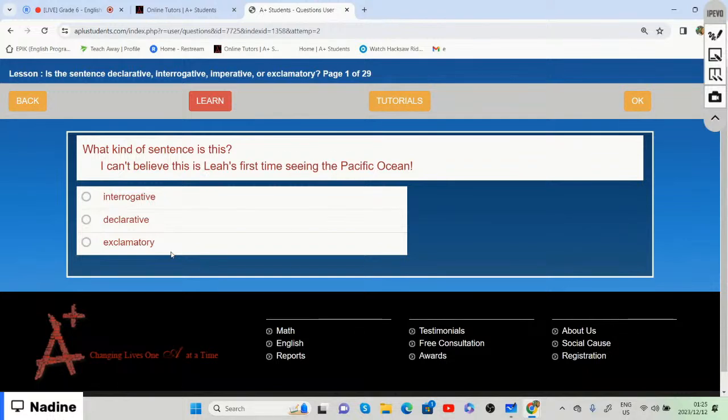So what kind of sentence is this? I can't believe this is Leah's first time seeing the Pacific Ocean. Is this an interrogative sentence, a declarative sentence, or an exclamatory sentence?